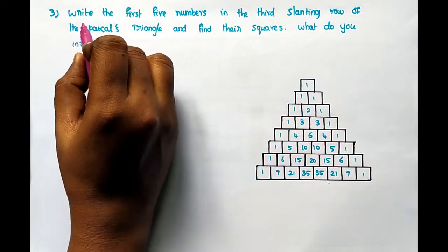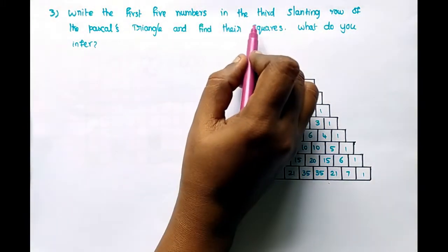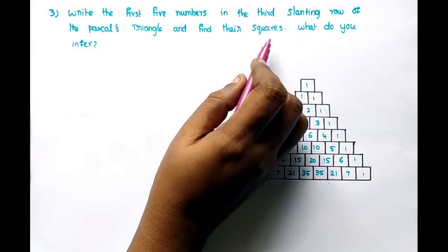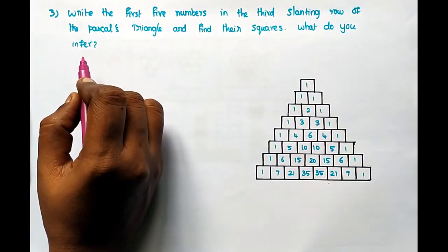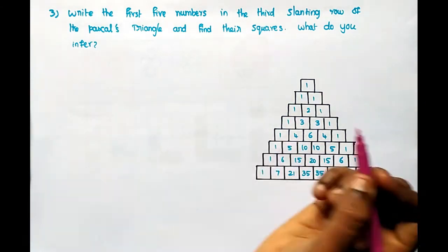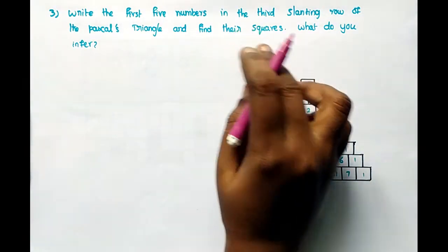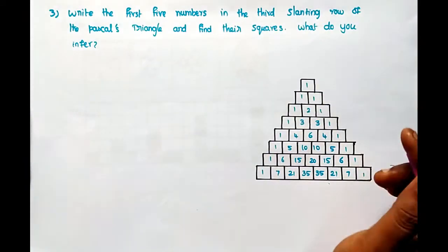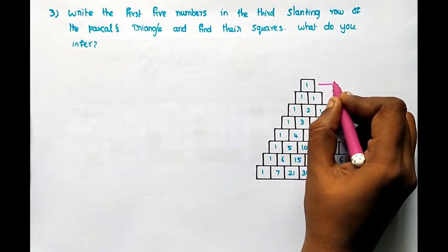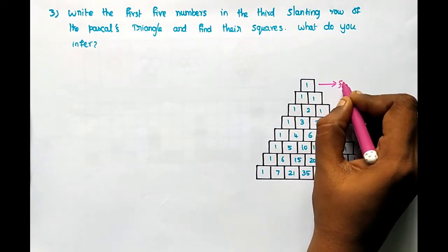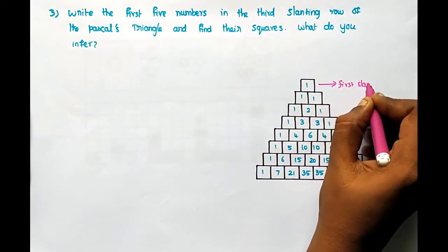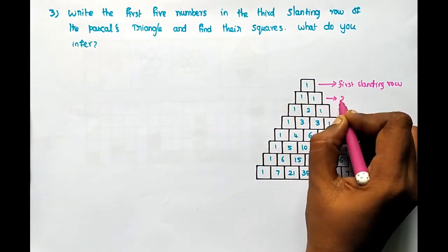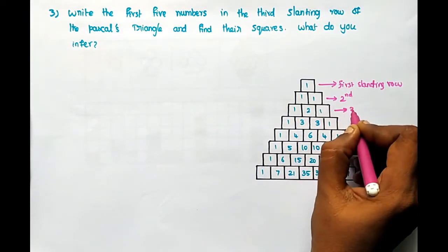Third sum, write the first 5 numbers in the third slanting row of the Pascal's triangle and find their squares. What do you infer? Listen, first 5 numbers in the third slanting row. First slanting row, this one. Second slanting row, and this one is third.